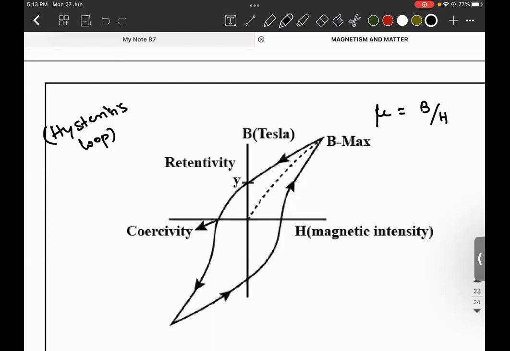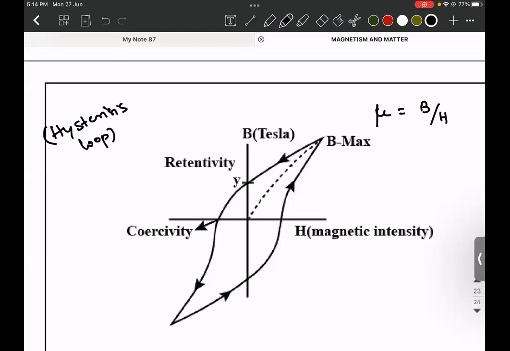B stands for magnetic induction. It's not magnetic field, it is magnetic induction. And H stands for the magnetizing field intensity. So magnetic induction is basically the output, and magnetizing field intensity you can take as input. So B divided by H, correct?